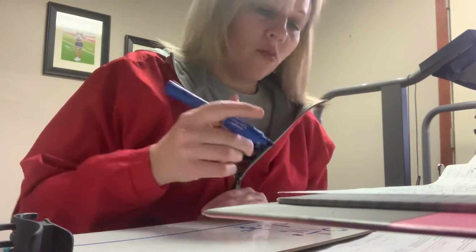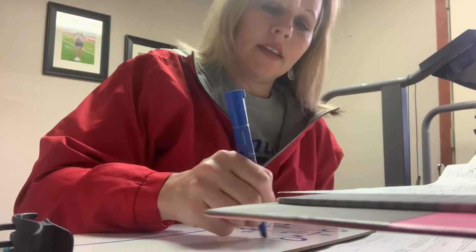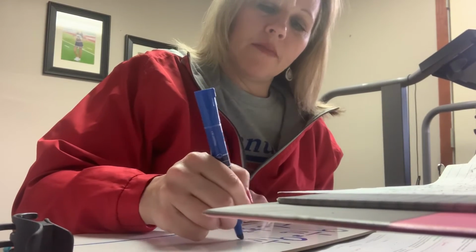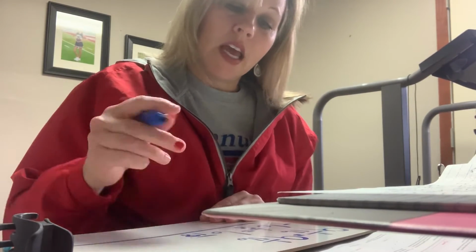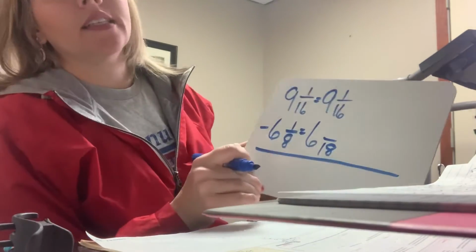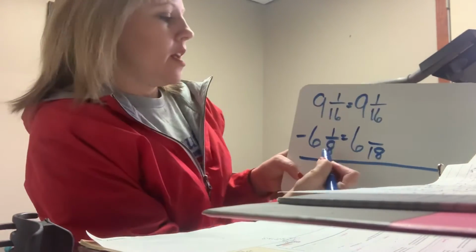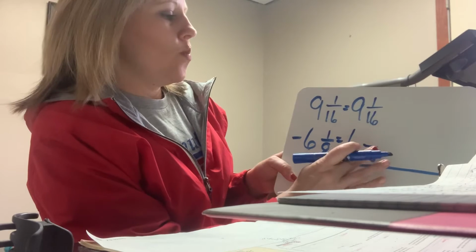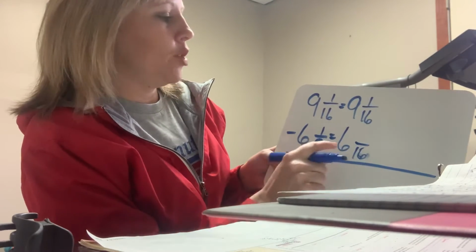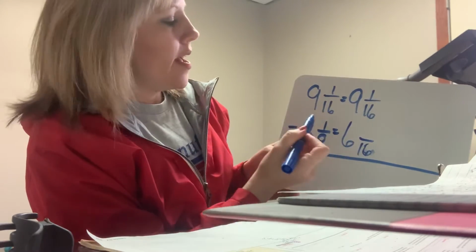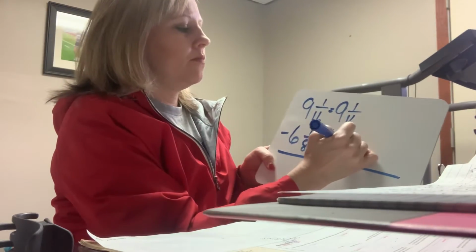Again, we're going to work with 16ths because 16 is going to be our common denominator out of 8 and 16. The 9 1/16 stays the same. 8 times 2 gets me to 16, and 1 times 2 is 2.